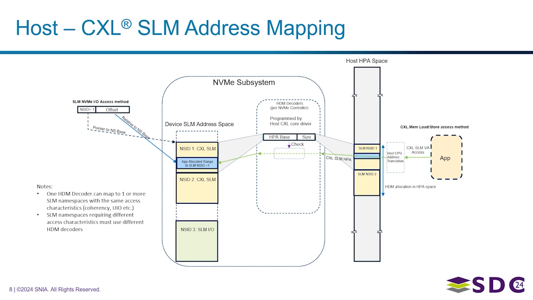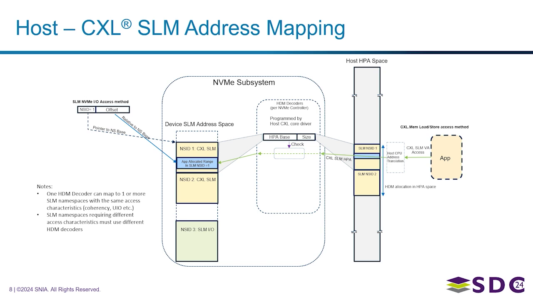So all of your SLM falls within a contiguous chunk of host physical address space. So your namespaces may not necessarily be contiguous, but your space is. You cannot have a space that's allocated to you for some of your SLM, a space that's allocated to something else, and then another space that's allocated for more SLM.